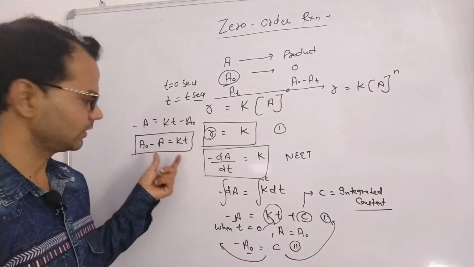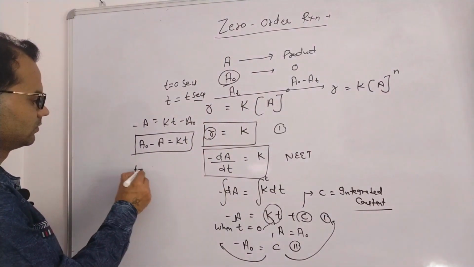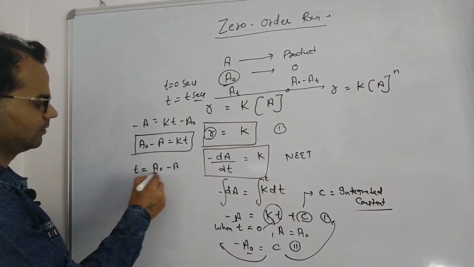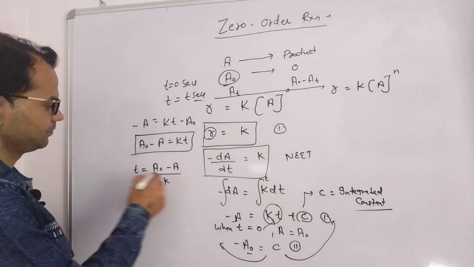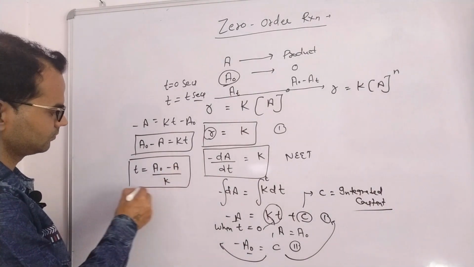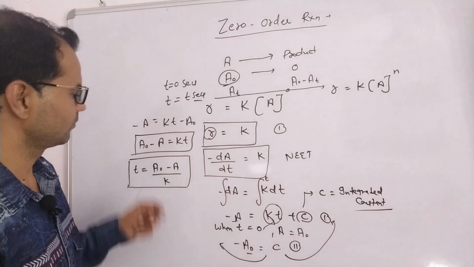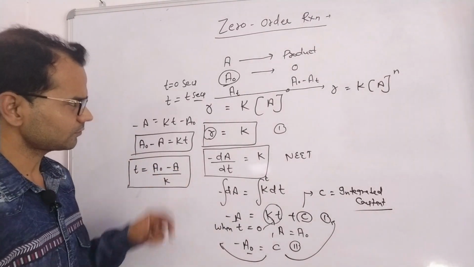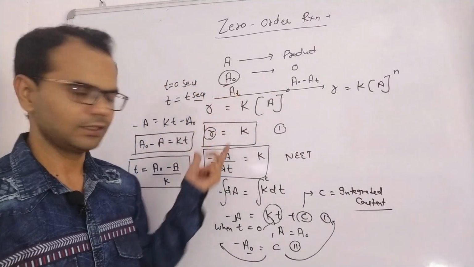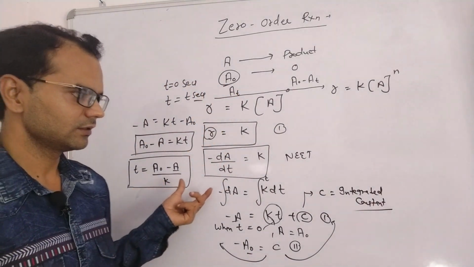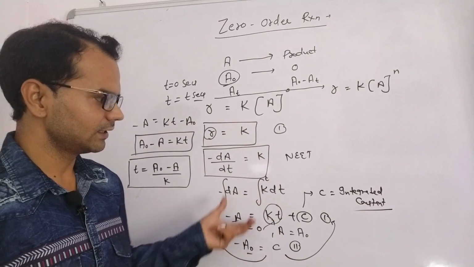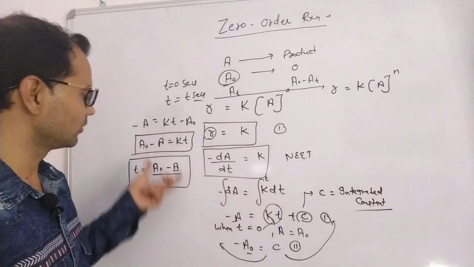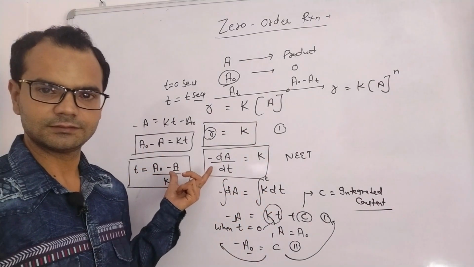So we can find out the time t equal to A0 minus A by K. Easy. A0 is the initial concentration and A is the final concentration of a reactant. K is the rate constant. So it is the integrated rate equation for a zero order reaction.